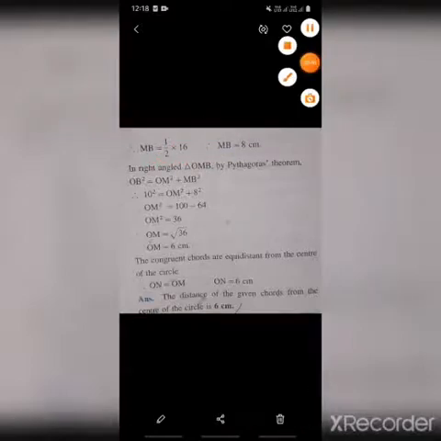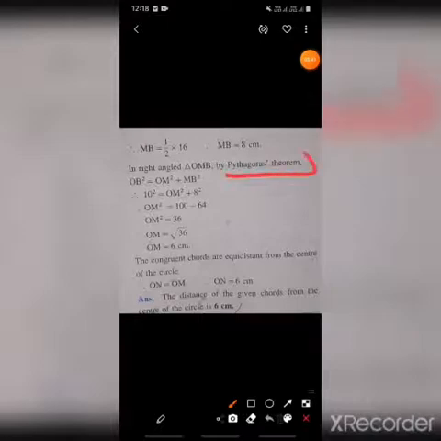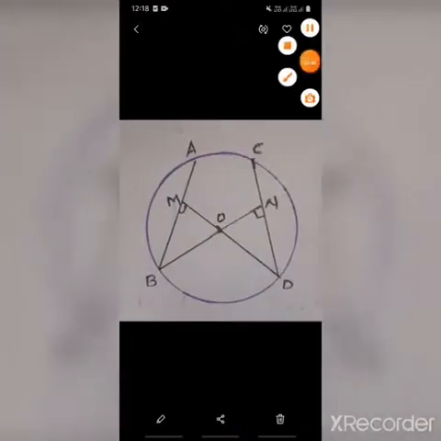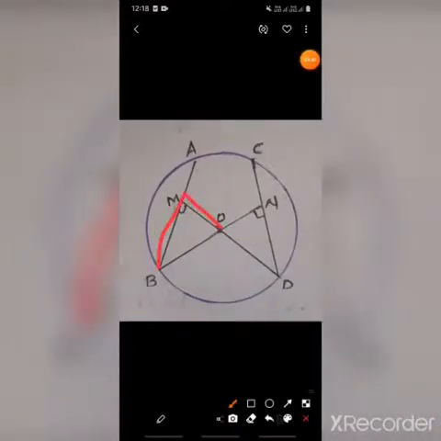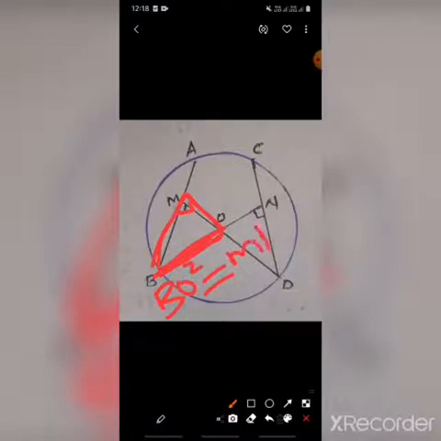So we have to use Pythagoras theorem on triangle OMB. Where is OMB here? OM and B. On this we have to use Pythagoras theorem. Okay. Then the 90 degree opposite side is hypotenuse. So BO square is equal to MB square plus MO square.